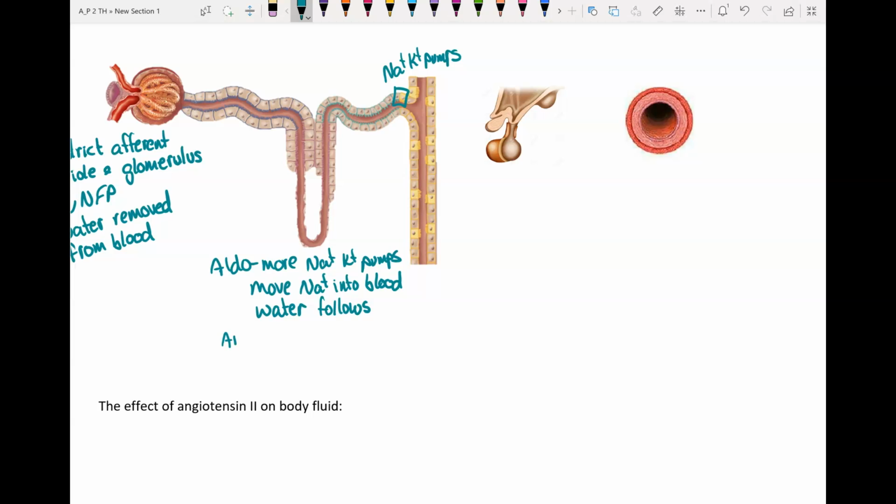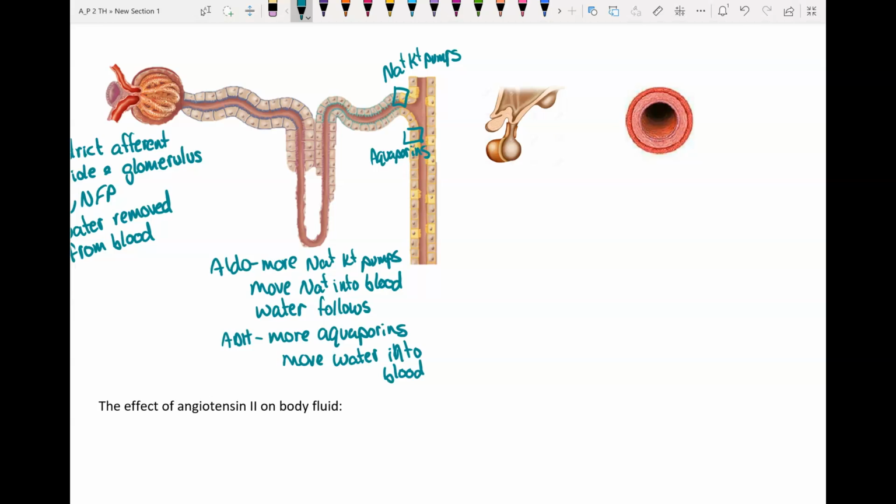The ADH is going to give you more aquaporins. And remember, these are going to move water into your blood.